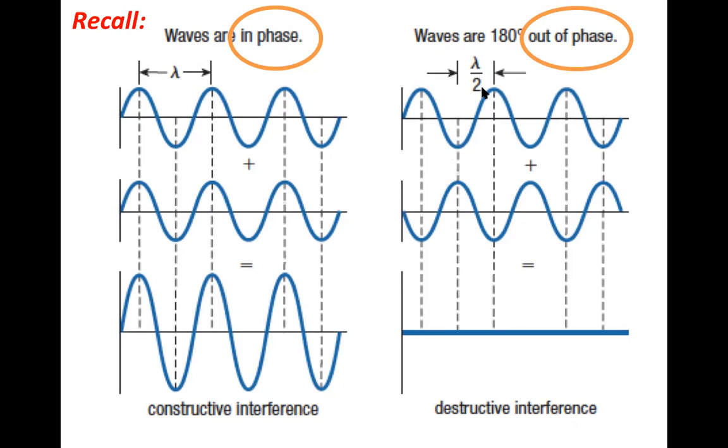So a half wavelength shift, because the waves look like trig functions, sinusoidal functions, sometimes we say it's 180 degrees out of phase, because in a sine function, y equals sine theta, one full cycle is 360 degrees. So 180 is half.